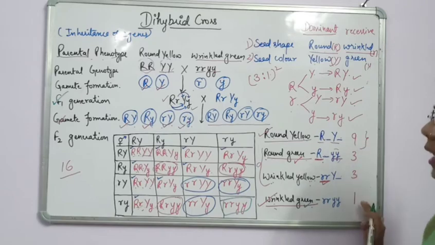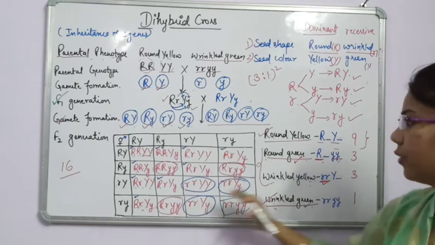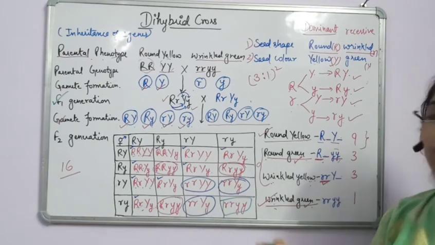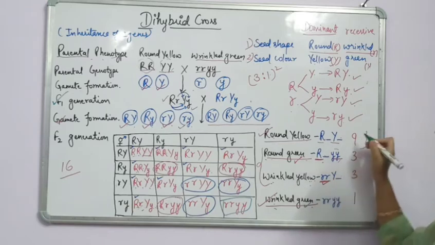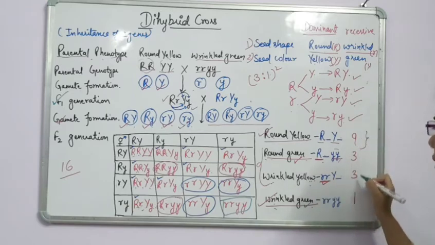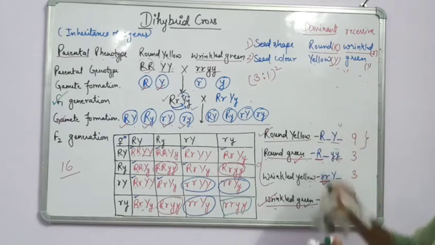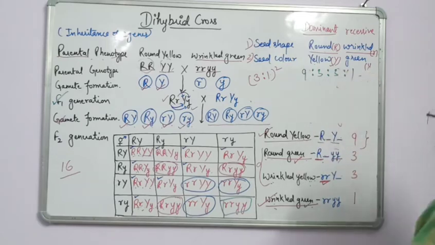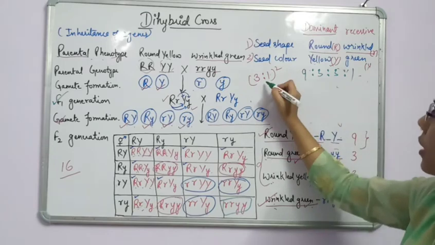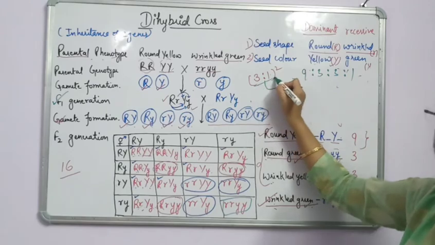So we can say that in the dihybrid cross, in the F2 generation we are getting 16 combinations, and out of 16 combinations we are getting 4 types of phenotypes, in the ratio of 9:3:3:1. So what would be the phenotypic ratio in the dihybrid cross? It will be 9:3:3:1. Okay, and it is a result of what? It is a result of the square of the monohybrid cross.